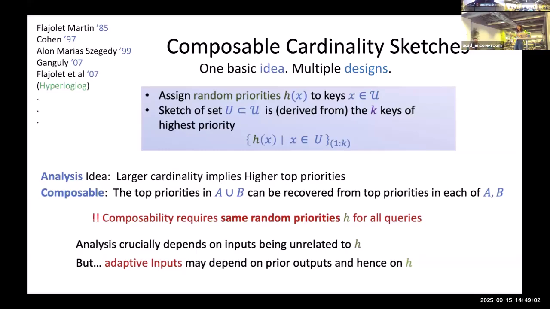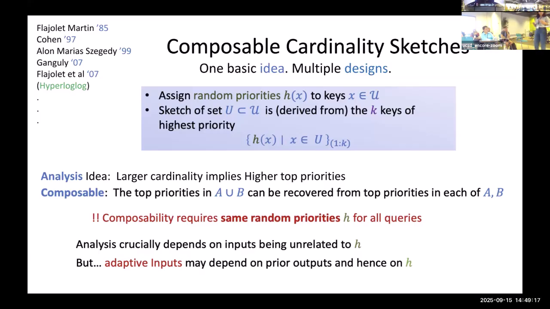The idea is that as our sets grow, they will contain higher priority keys, and so when we answer the cardinality query, we say that this set is bigger.